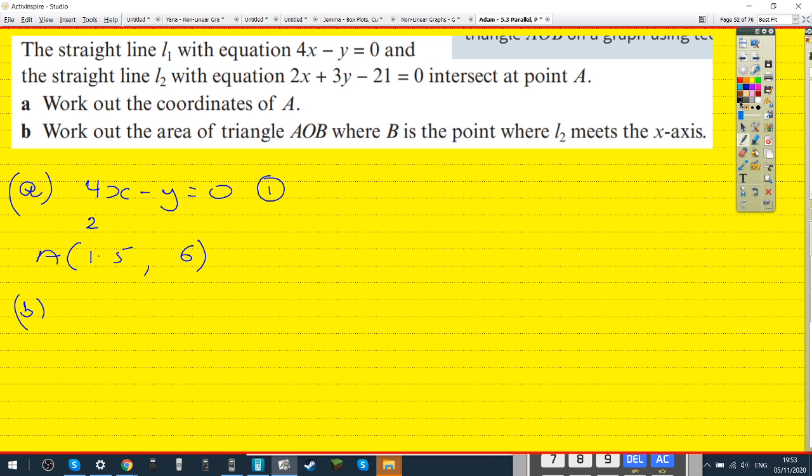They asked us to find the area of a triangle. Might help if we sketch it. So for the first one, L1 might look a bit like that.